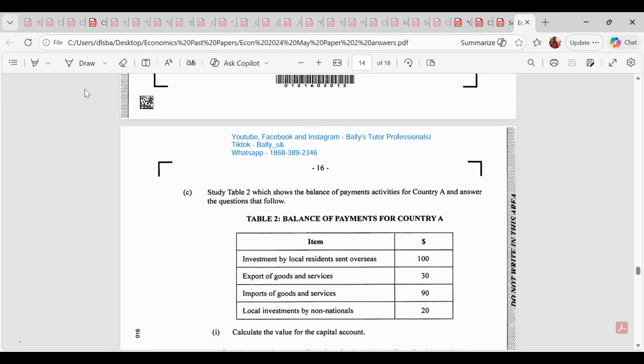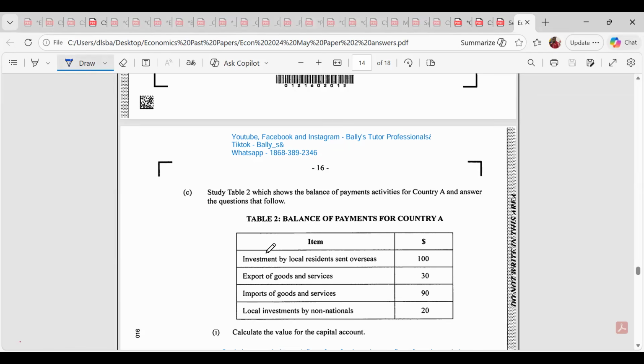So we know exports of goods and services and imports of goods and services will be in the current account, because the current account has the goods, services, income, and transfers. So we know that's not going in the capital account.